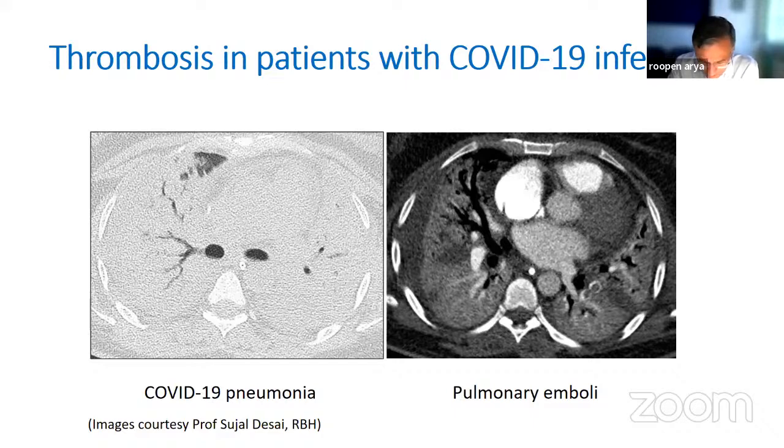So there was evidence that thrombosis is also linked to a 75% increase in the overall mortality. Whether that is down to the thrombosis in itself or is a marker of disease severity, we don't really know.